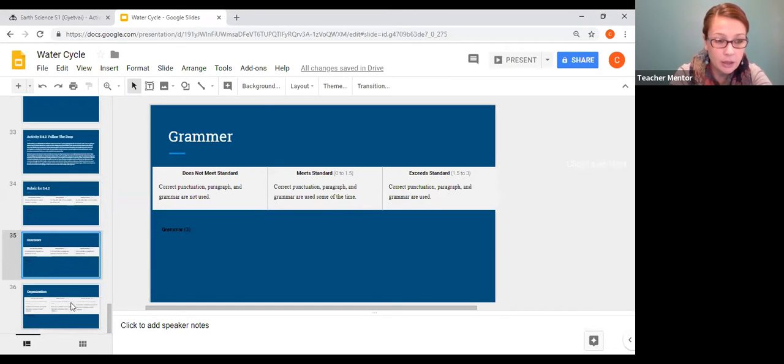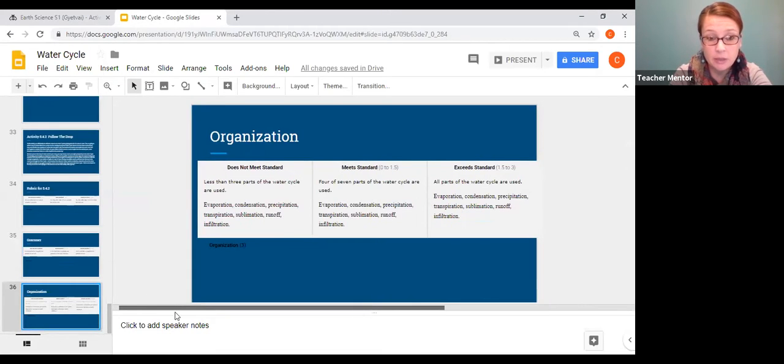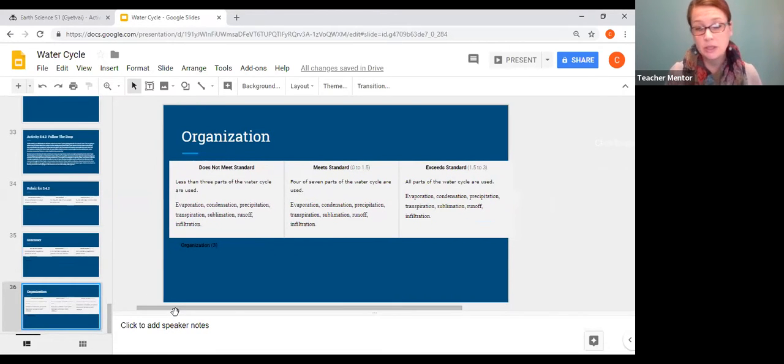And then my organization. So for this particular activity, my organization section is where I'm going to find what I need to have. Okay, so for my organization section of my rubric, I can earn up to 3 points. Now, in order to earn 3 points, I'm going to have to exceed the standard.